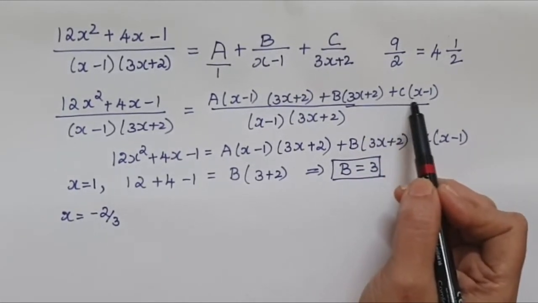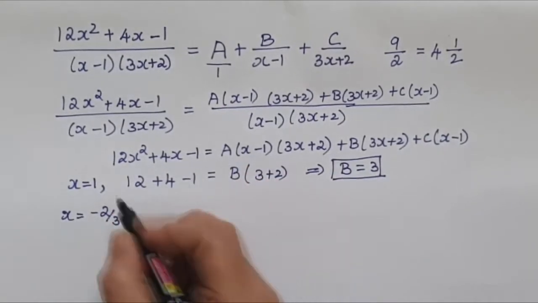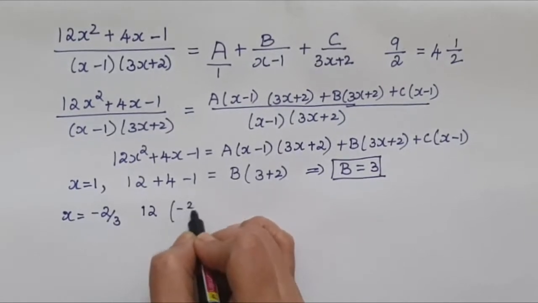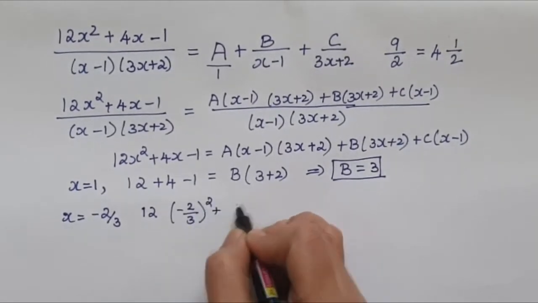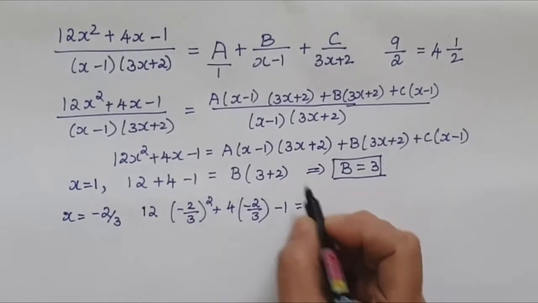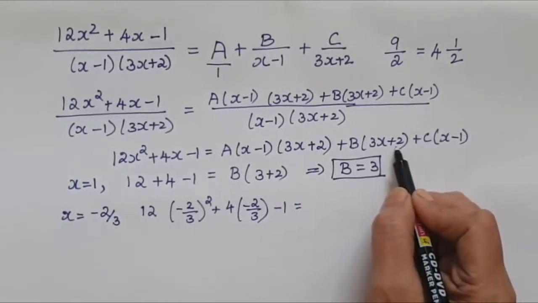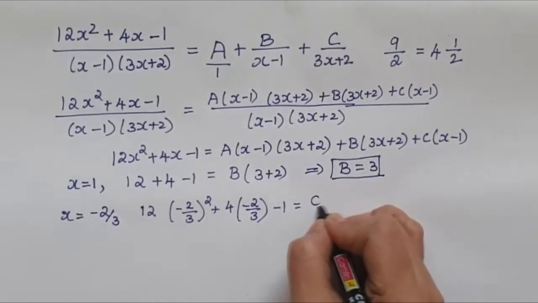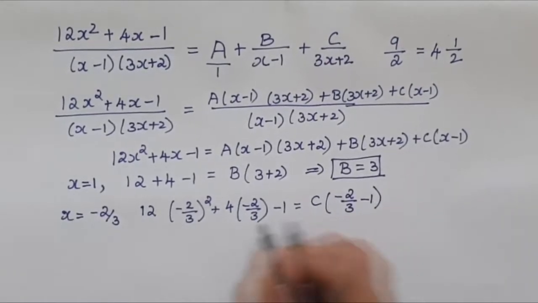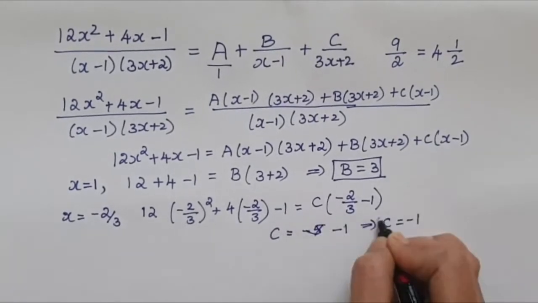So we'll be left with only c. Substituting in this equation, we get 12 into minus 2 over 3 the whole squared plus 4 multiplied by minus 2 over 3 minus 1. We'll just leave out all this because this will give us a 0, and this one also will give us a 0. So we are left with only c, so it will be minus 2 over 3 minus 1. When we simplify this, we get a value for c as minus 1.